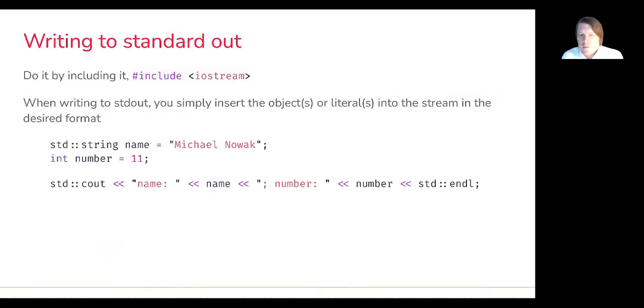To do it, we're going to include iostream. When writing to standard out, you're simply going to insert the objects or literals into the stream in the desired format.